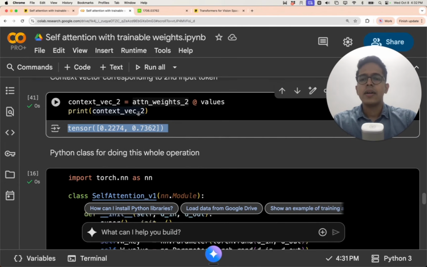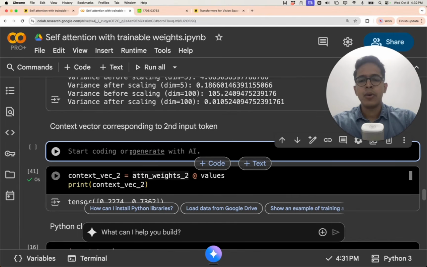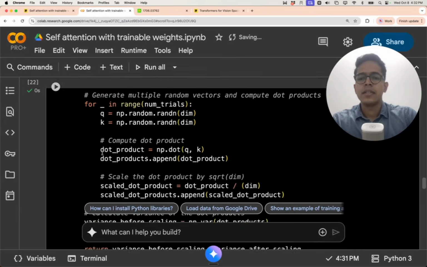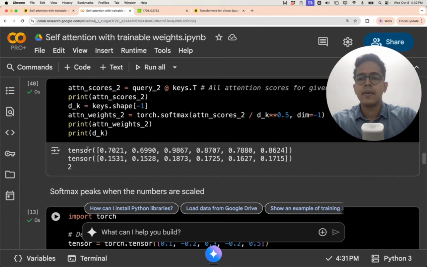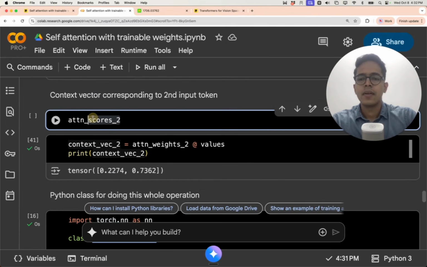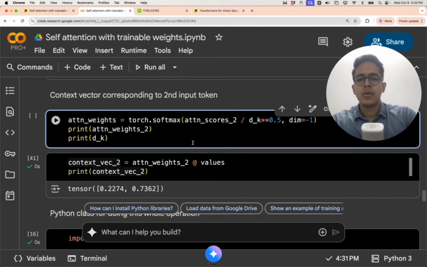And if I want the context vector for all the inputs, what I can do is attention_weights. I can just bring this code from here. So attention weights equal to torch.softmax of attention scores divided by square root of D. So D star star 0.5 means it's square root, D raised to 0.5.